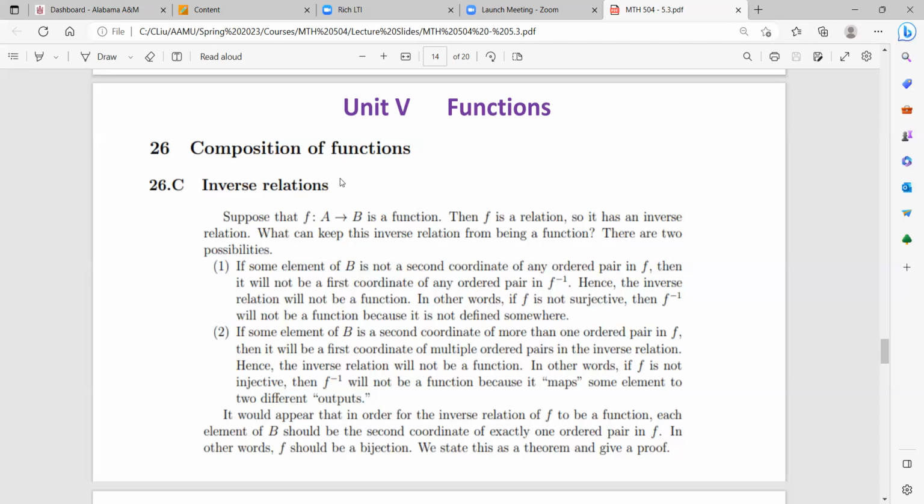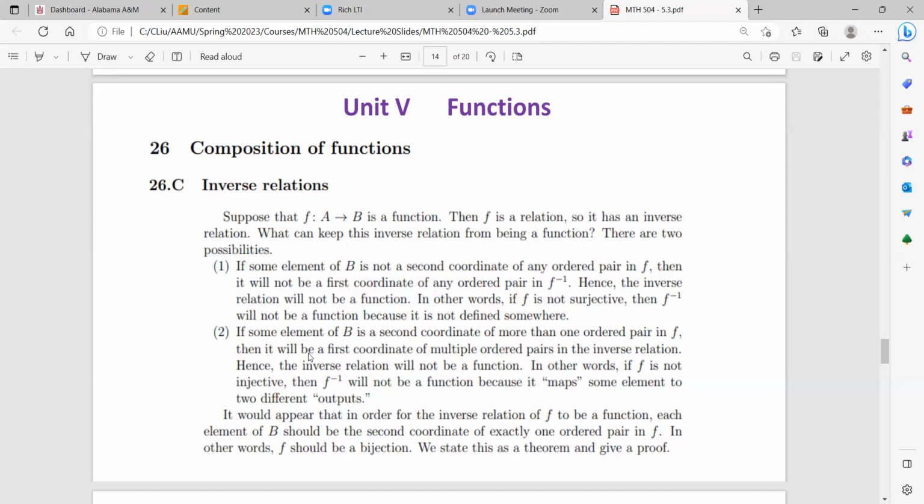So you are mapping one element in B into multiple elements in set A. So that also is not a function, right? You cannot map one element from the domain to multiple elements in the codomain.